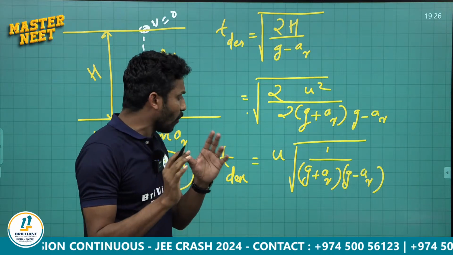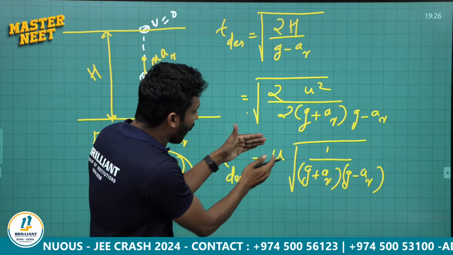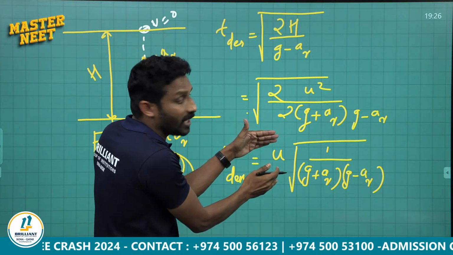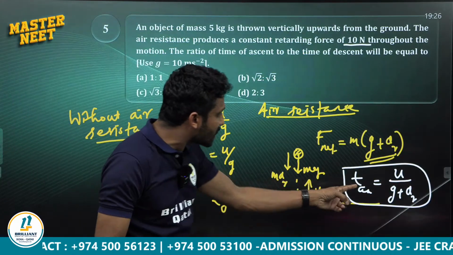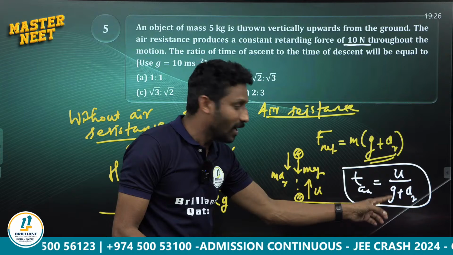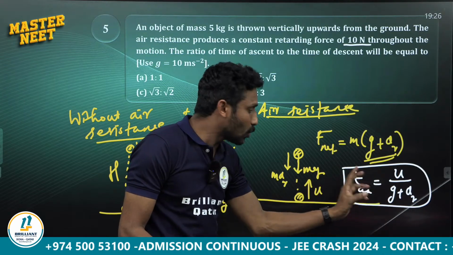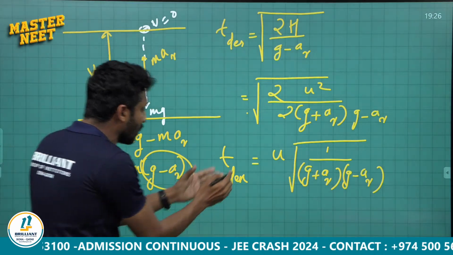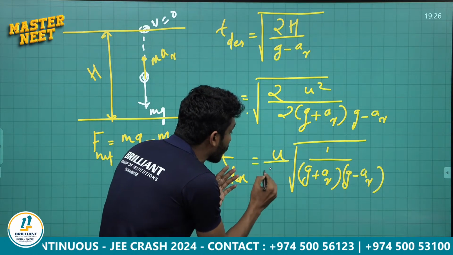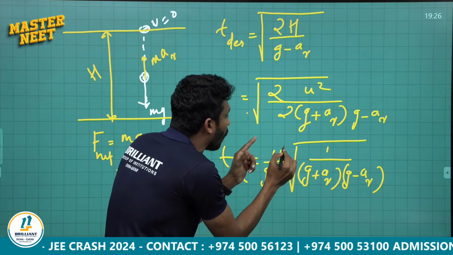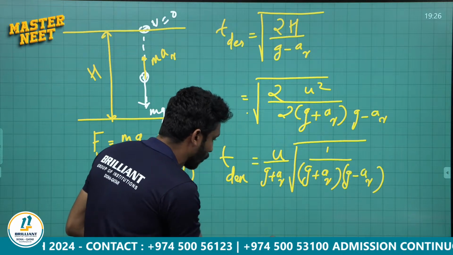Now I am doing one thing here. I am multiplying and dividing with a quantity. What is the time of ascent here? It is u divided by g plus ar. To connect this time with the time of ascent, I am dividing this with g plus ar, so I have to multiply this also with g plus ar. You understood that?